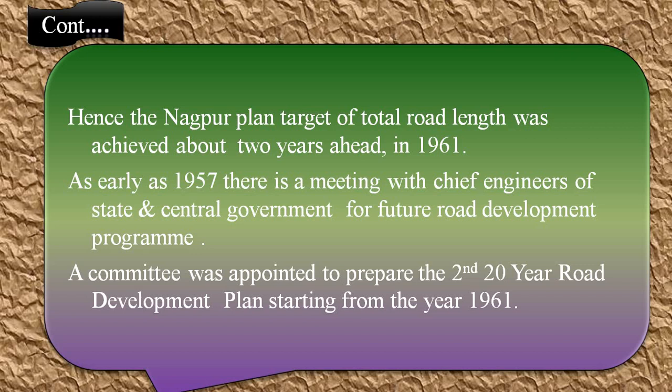As early as 1957, there was a meeting with chief engineers of state and central government for the future road development program, meaning the next 20-year road development plan. A committee was appointed to prepare the second 20-year road development plan strategy for the year 1961.